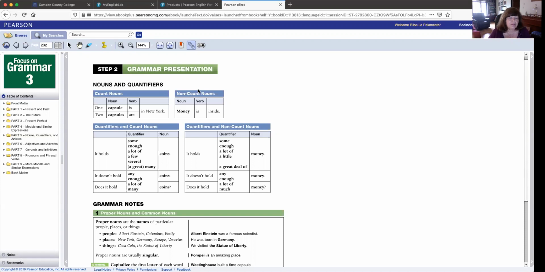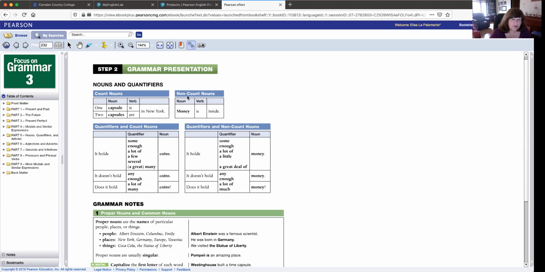So when we go to the top of page 232, we have two kinds of nouns. We have count nouns and we have non-count nouns. A count noun is anything that you can count, like books, one book, two books, three books. You can count chairs, one chair, two chairs, three chairs. Anything that you can count is a count noun.